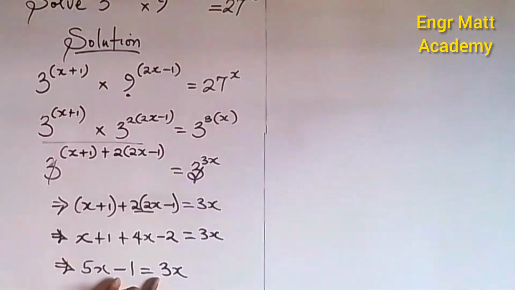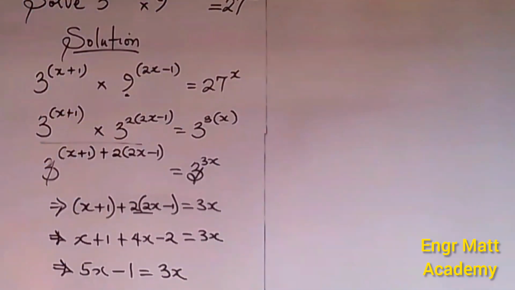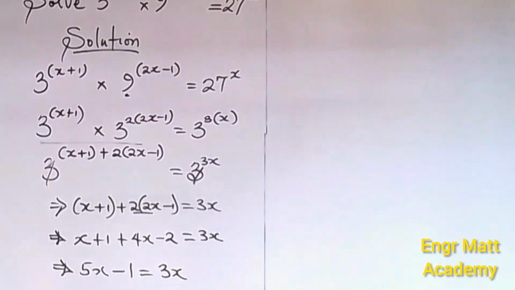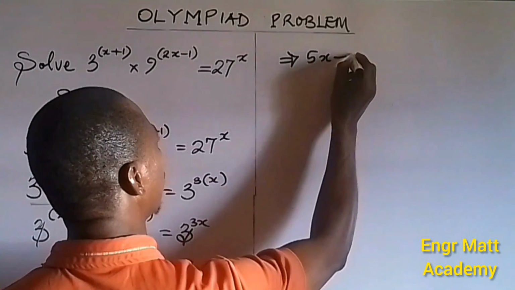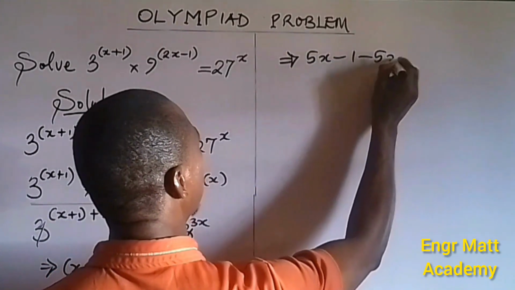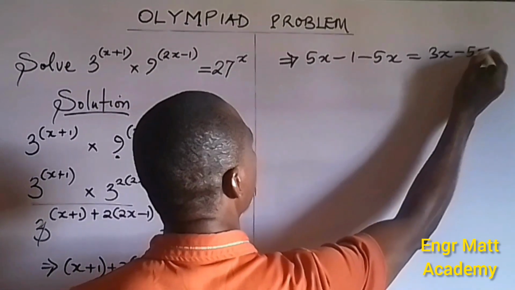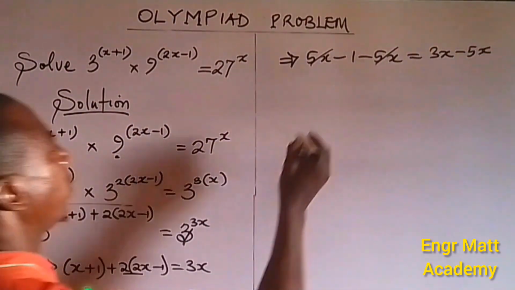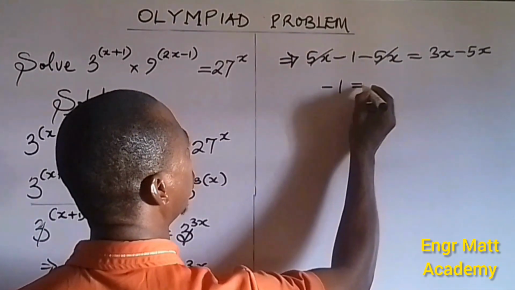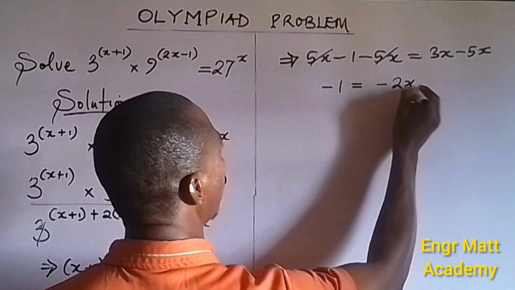Now we can solve for the value of x. So we take 5x to the right hand side of the equation by subtracting 5x from both sides. If we do that, we have 5x minus 1 minus 5x equal to 3x minus 5x. 5x cancels out and we have minus 1 equal to 3x minus 5x, which is minus 2x.